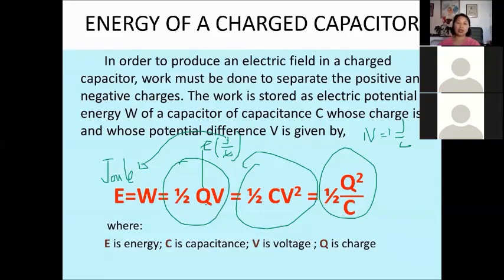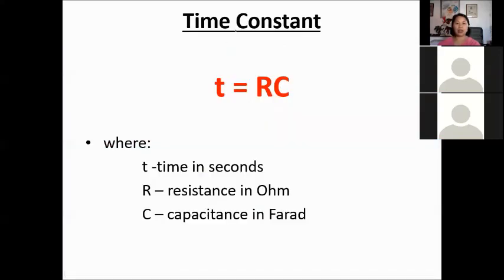So ganun din yung sa derivation ng formula and units sa C and V, Q and C. So to compute for the time constant, by the way, time constant is equal to R times C, where R is resistance in ohms and C capacitance in farad.